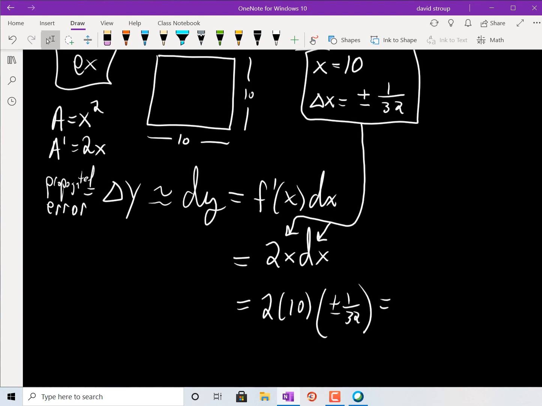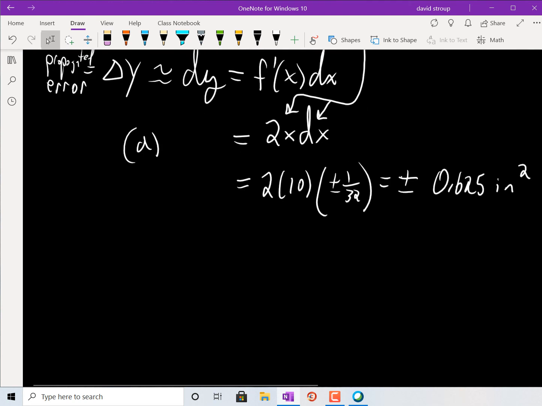At the end, you'll get 20 over 32, as a decimal that will be, looking at my notes, plus or minus 0.625, and we're talking about area, so this will be inches squared. Okay, this is part A of the problem.